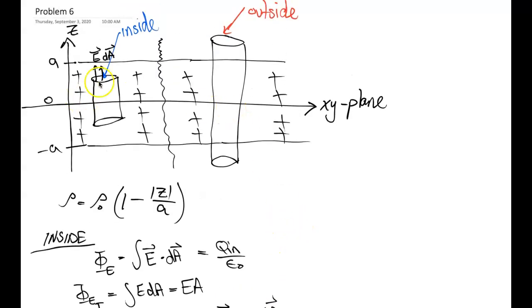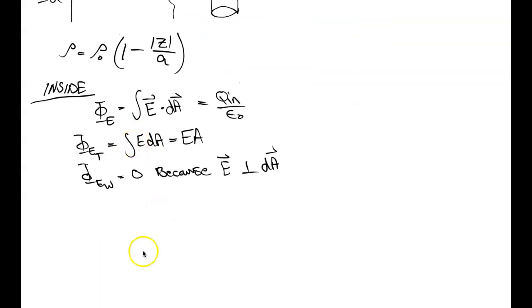E field is going up on the wall, dA is this way, so 90 degrees, and the dot product of perpendicular vectors results in 0.